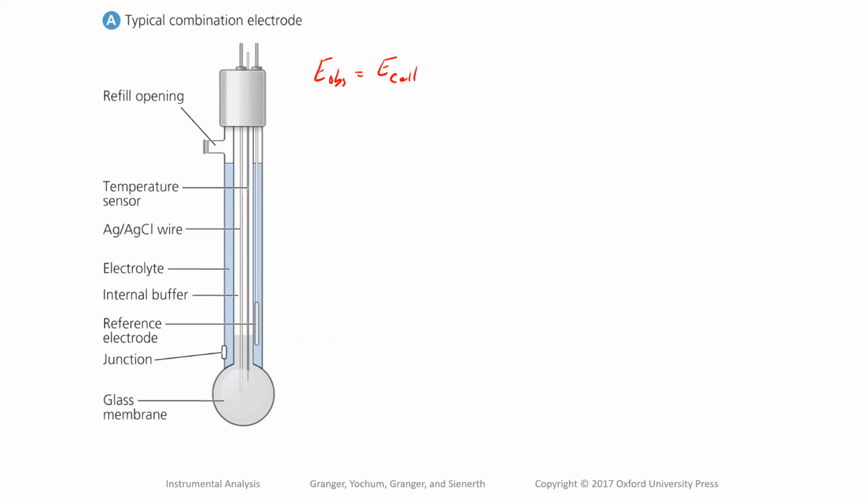And for us, when we use these combination electrodes, that's equal to the potential of the indicator electrode minus the potential of the reference electrode.